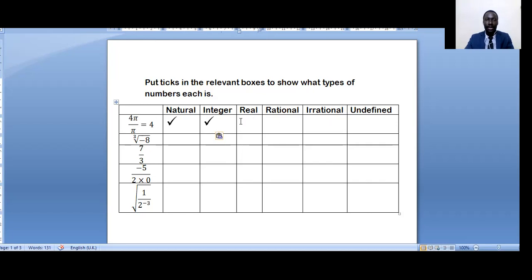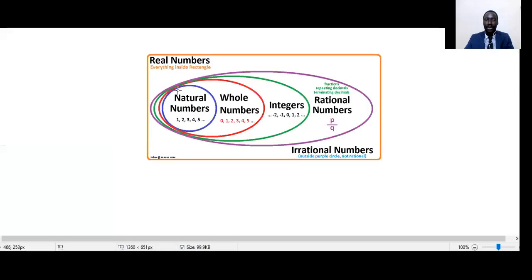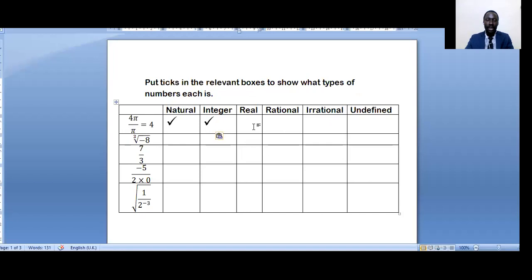Is 4 a real number? Well, 4 is also a real number because real numbers include everything that we have here. Once a number is a natural number, it's a real number. Once a number is a whole number, it's a real number. Once a number is an integer, it's a real number. And so we also say 4 is a real number.